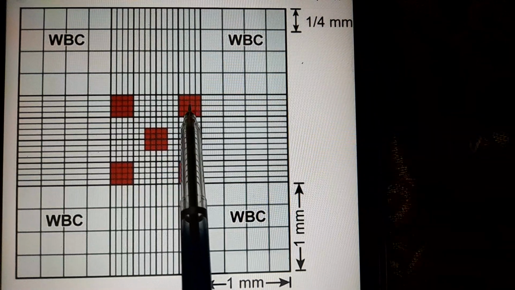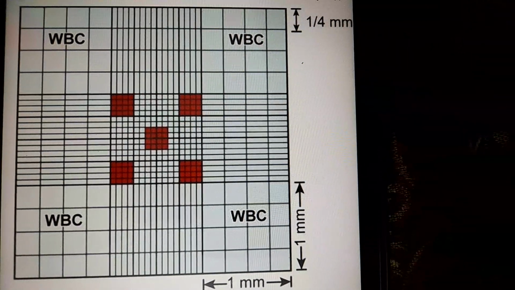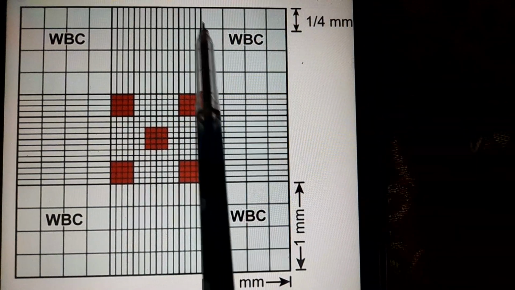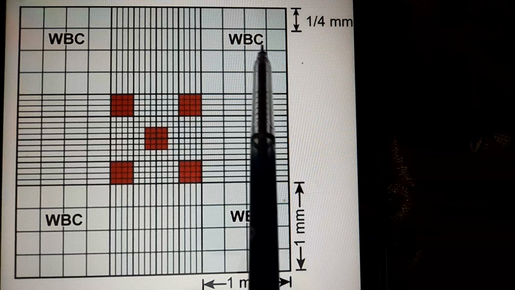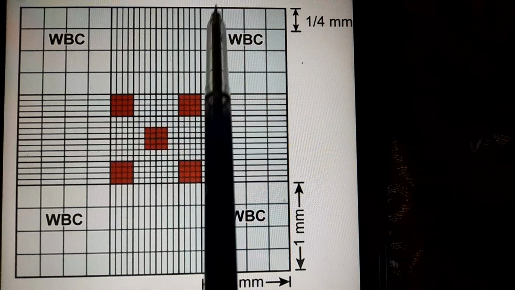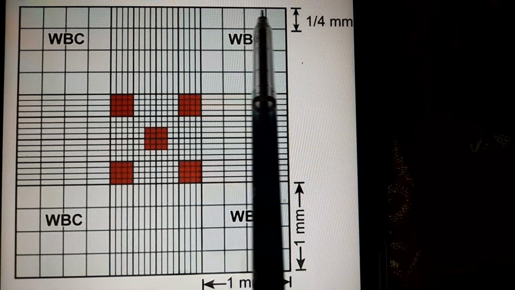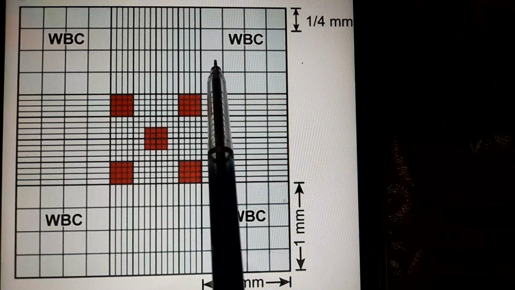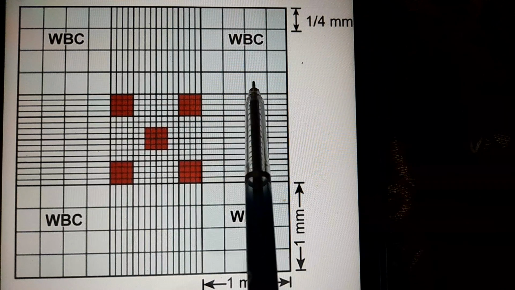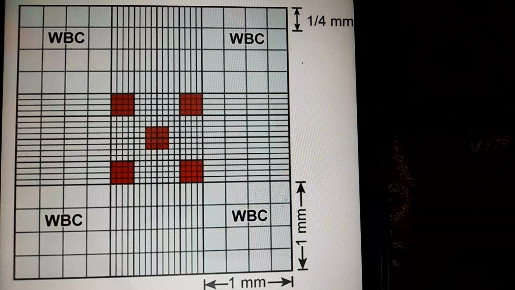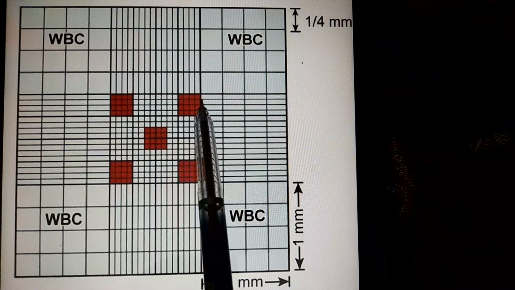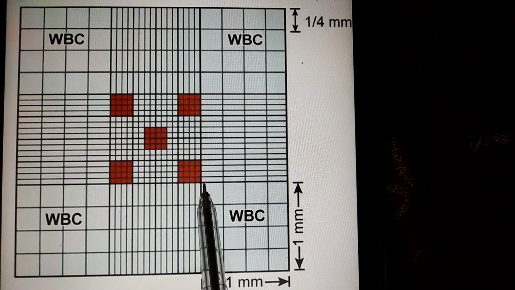Now coming towards the red blood cell squares. Also remember that each big white blood cell square is further divided into 16 smaller squares, as you can count 1, 2, 3, 4, 5, 6, 7, 8, 9, 10, 11, 12, 13, 14, 15, and 16. For white blood cells, as you can see, this whole length will be 1 millimeter.